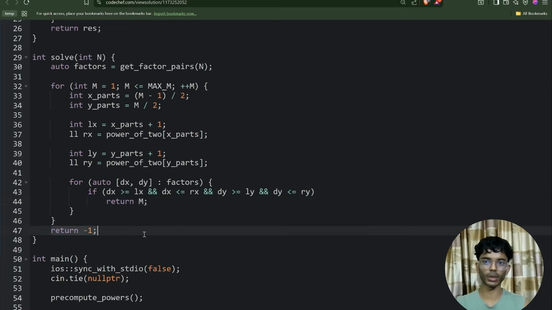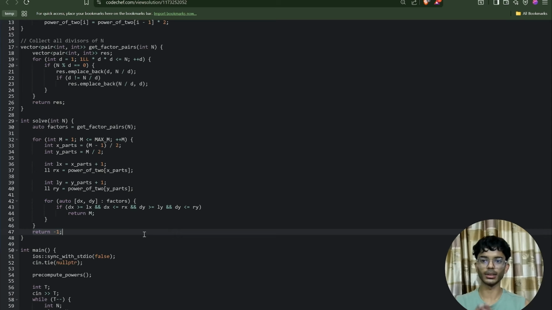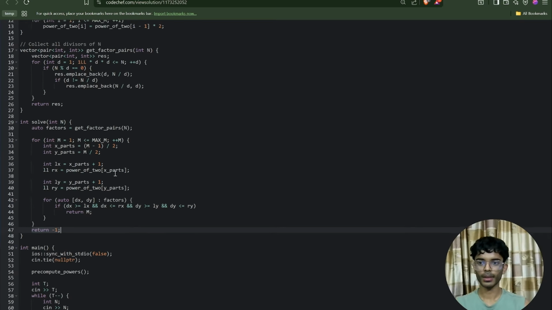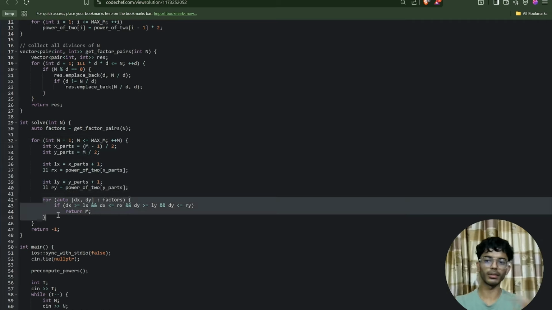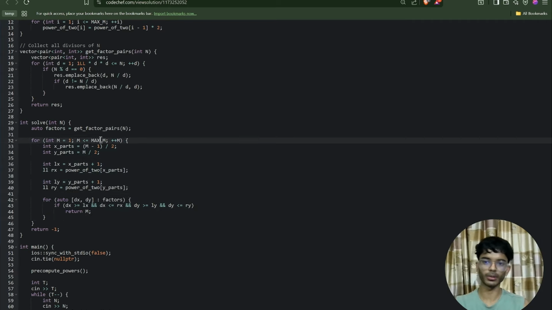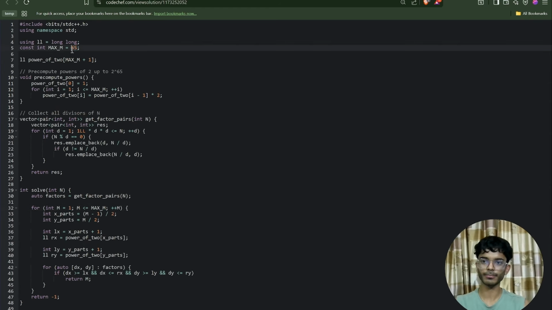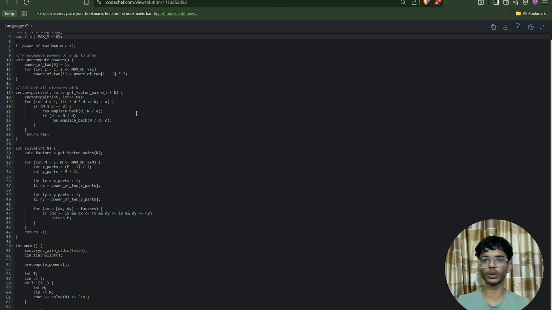Otherwise, we'll be returning minus 1. So this is the whole solution in C++. The time complexity is 65 into root of n for each test case, because there would be roughly root n factors, and we are running a loop up till 65.